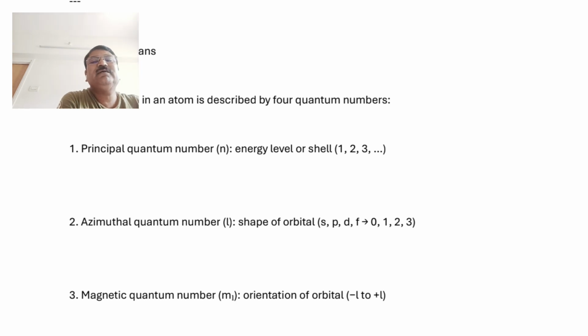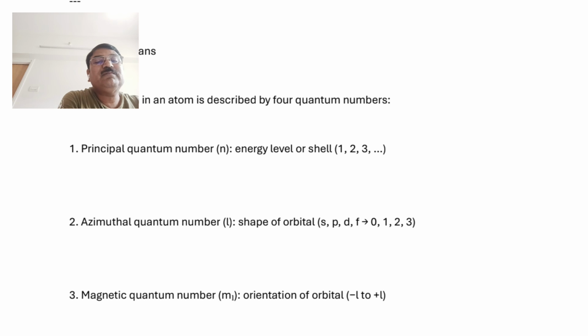The second quantum number is the azimuthal quantum number denoted by l. It explains the shape of the orbital. There are four types of shapes according to orbitals, that is s, p, d and f. Numerically it is explained by 0, 1, 2, 3. See, in the azimuthal quantum number there is a 0.